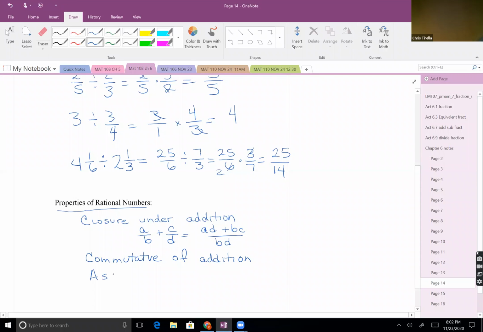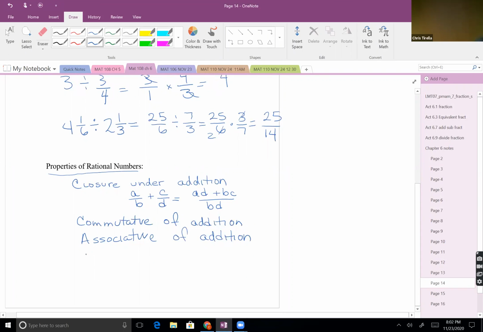The associative property of addition holds. You'll see that 0 is our additive identity. And it is a rational number because we can think of it as the ratio of 0/1.